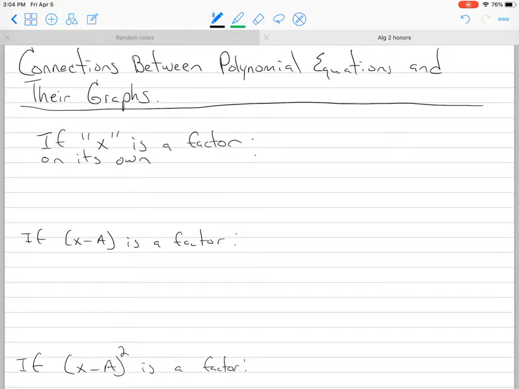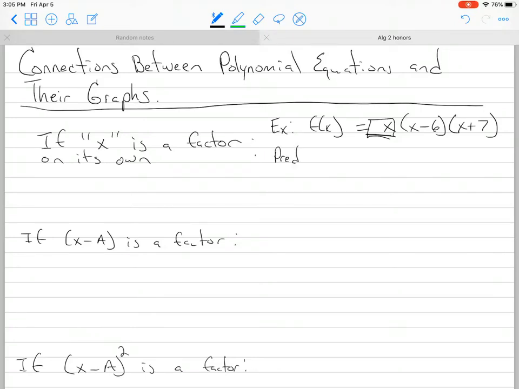First of all, if you have x as a factor by itself, here is what I'm talking about. If you have a polynomial like f of x equals x times x minus 6 times x plus 7, and one of your factors is x, what does that predict?